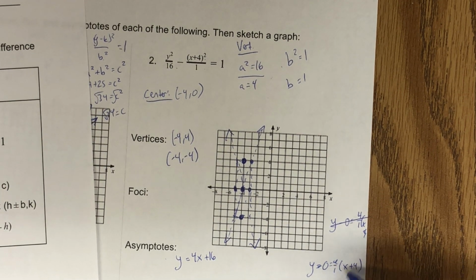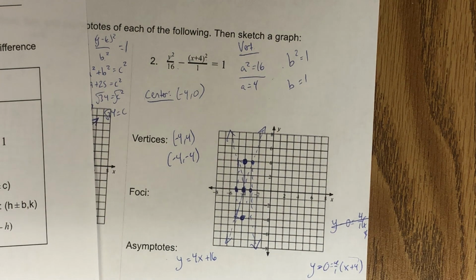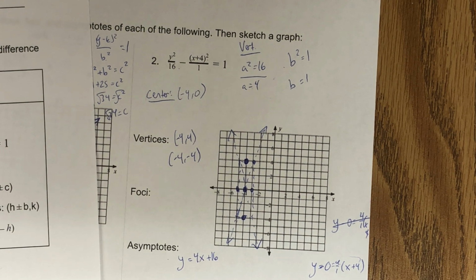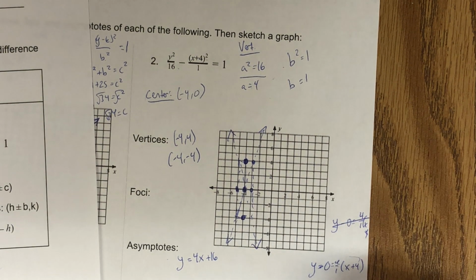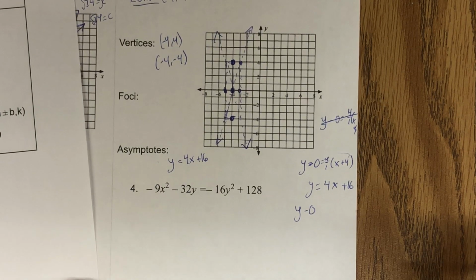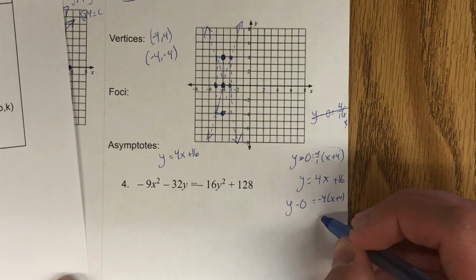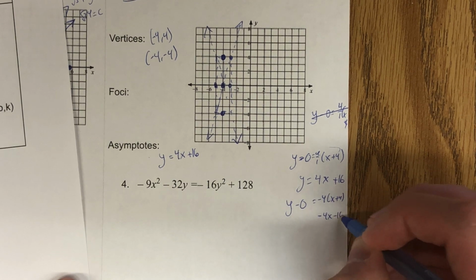So y equals 4x plus 16. Works that way too, so you're welcome to use that. And the same idea would follow for our other asymptote, in that we would have y minus 0 equals negative 4 times x plus 4. So we'll get negative 4x minus 16.